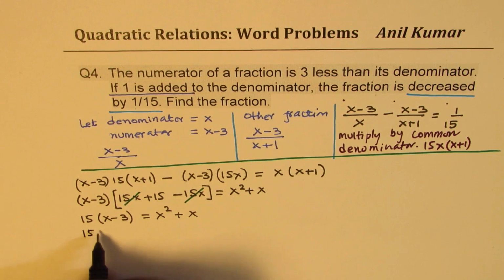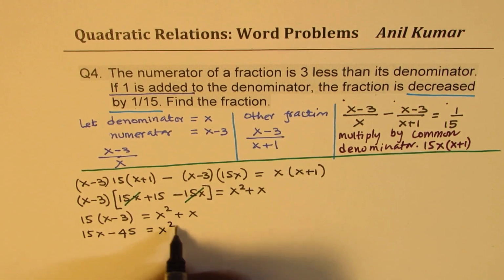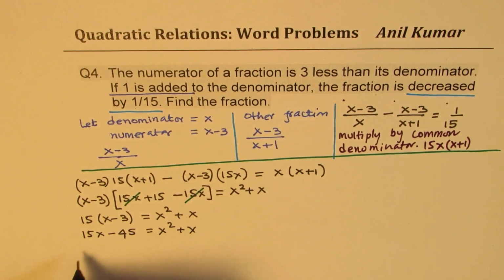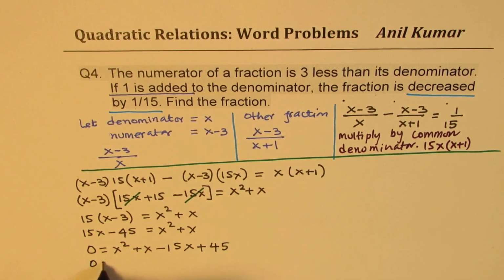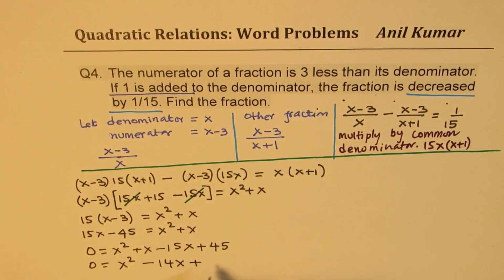So we get here 15x minus 45 equals x squared plus x. Taking all the terms to the right, we get 0 equals x squared plus x minus 15x plus 45. Clear? So this can be simplified further, and we could write this as x squared minus 14x plus 45.